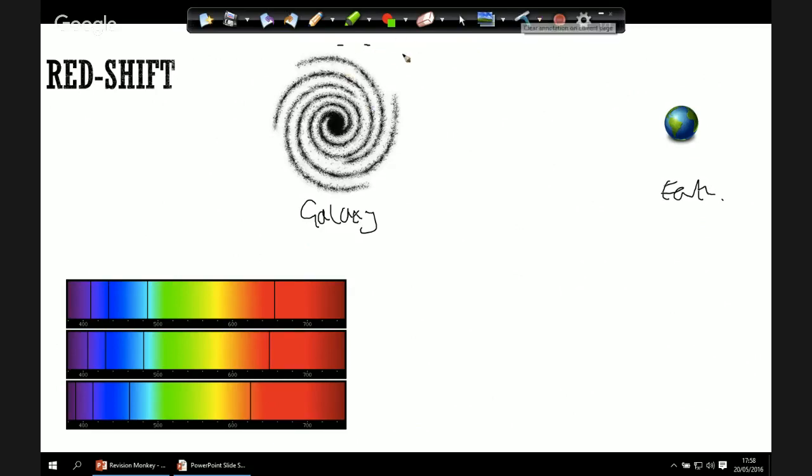I'll just do it in a red pen to draw the circles of light coming out of the galaxy. Now normally if we had our galaxy, the circles of light would be going in all directions, but in this case, because our galaxy is moving away from us, we see this kind of thing coming from the galaxy.